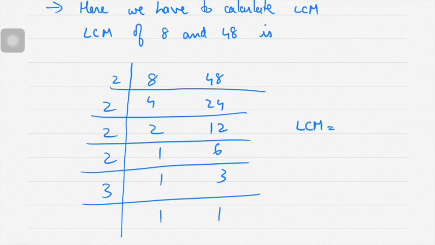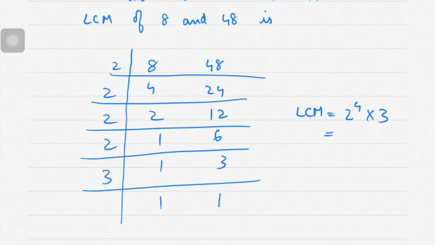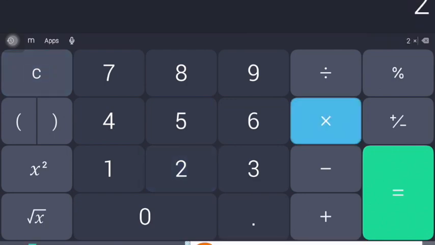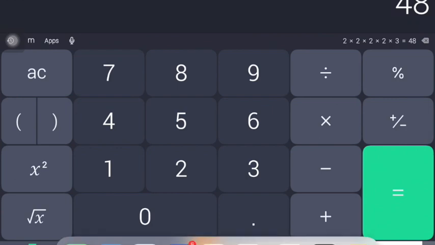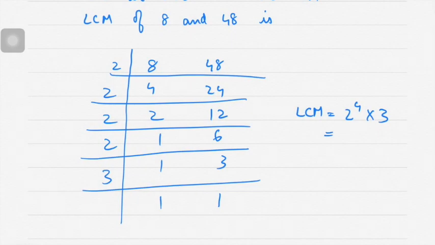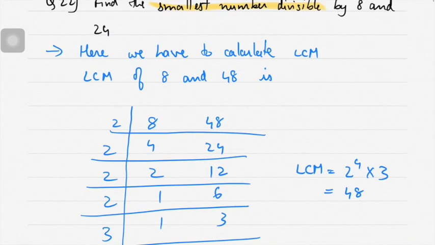Right? So my LCM will be 2 raised to 4 into 3, 2 into 2 into 2 into 2 into 3, right? So which comes to 48.